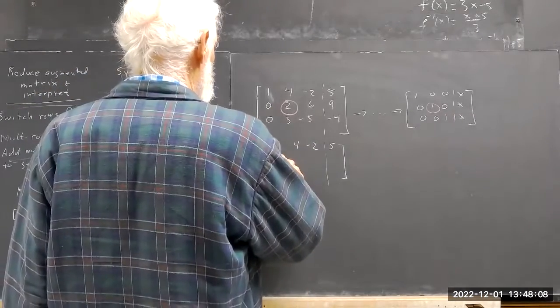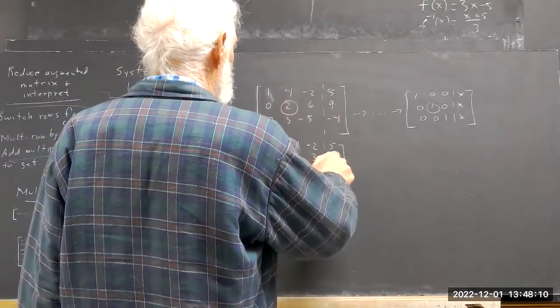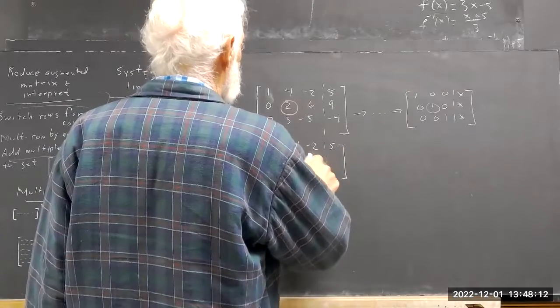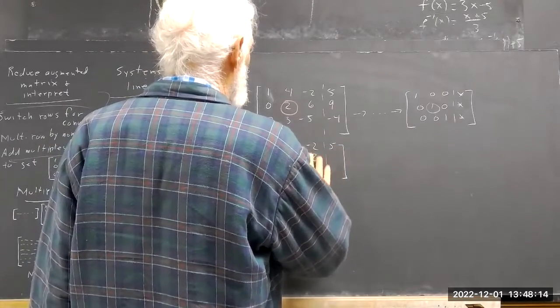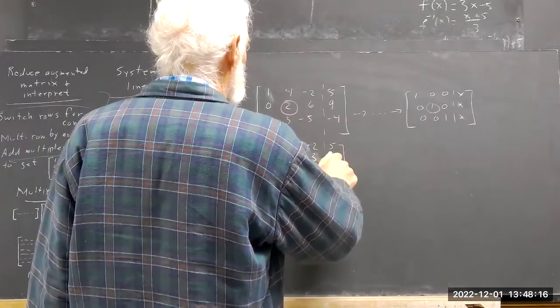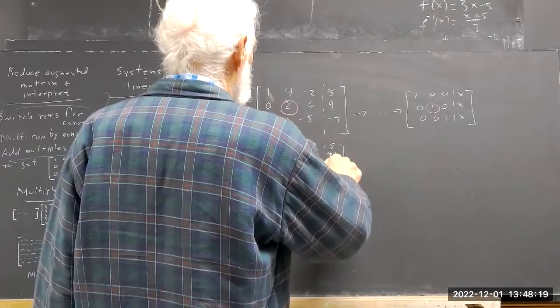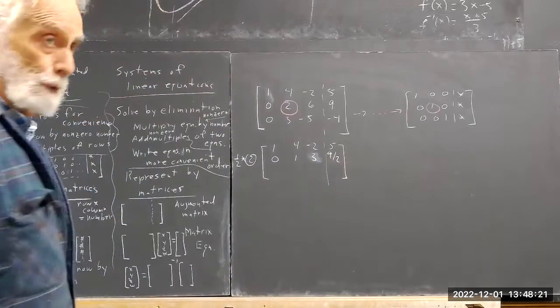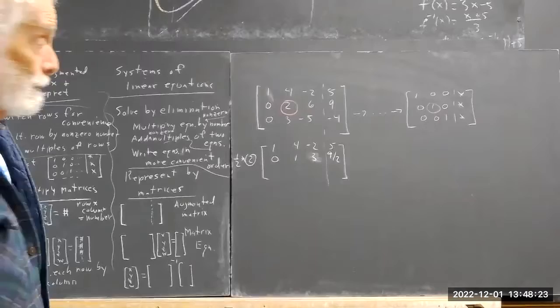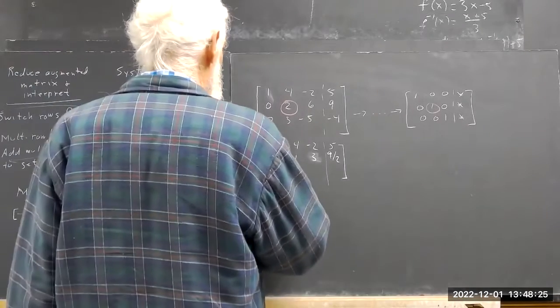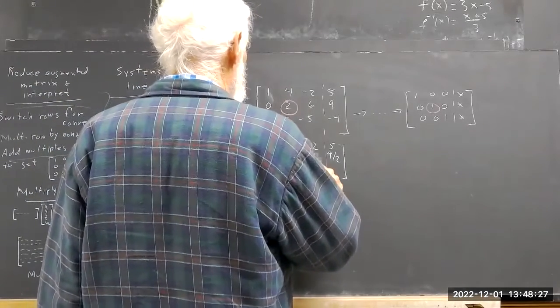So we get 0, 1, 3, 2, 1, 3, and 9/2. And then we don't change anything else.